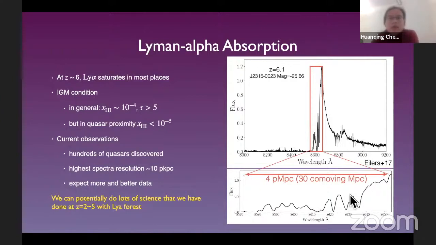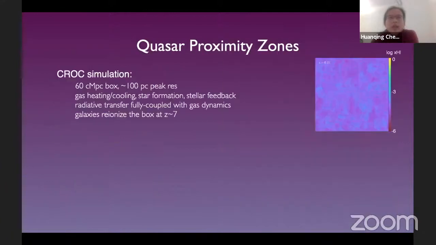Among the many IGM properties, the first one we want to study is the density field, and we study it in simulation. We start with a CROC simulation, a cosmological box with the adaptive refinement technique.